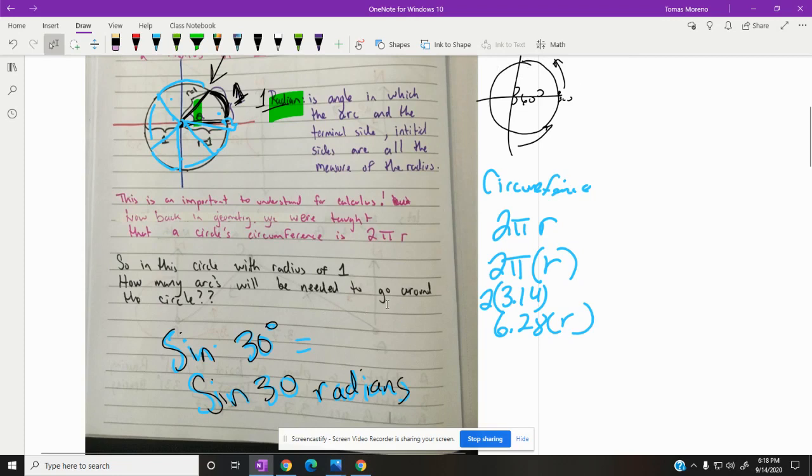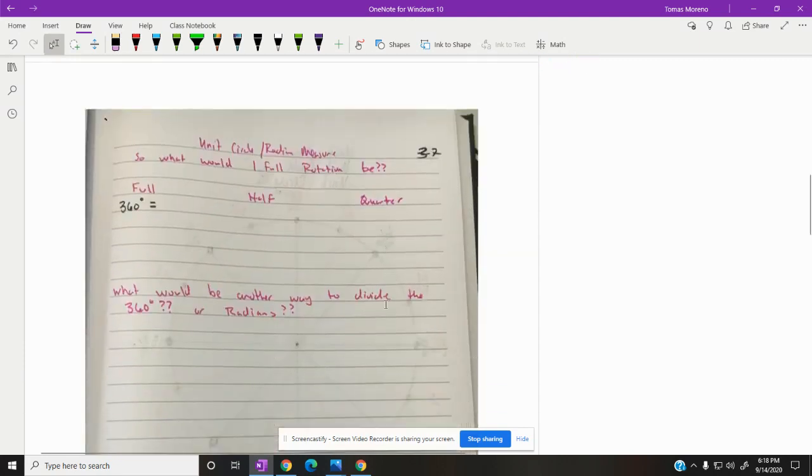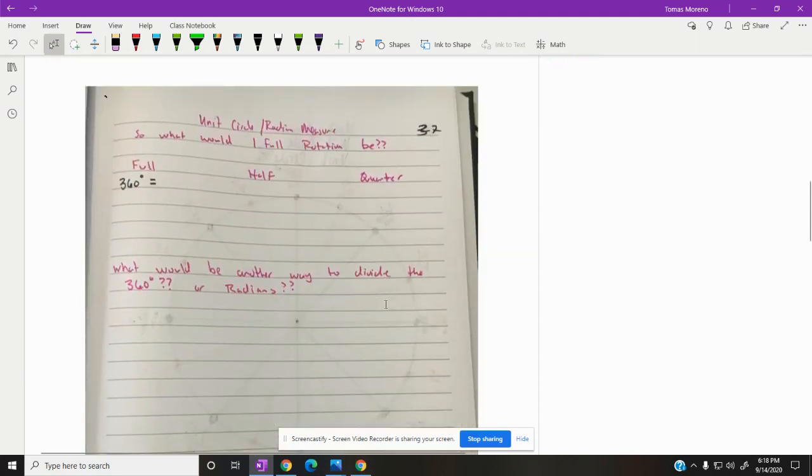So one full rotation is 2 pi r. We know it's 360 degrees. And now in radians, it would be 2 pi radians, right? We need 2 pi of them.